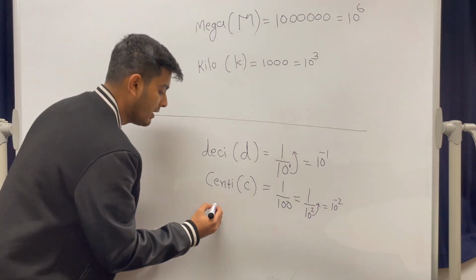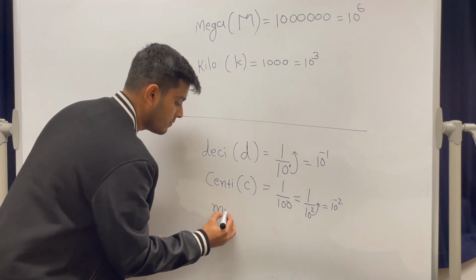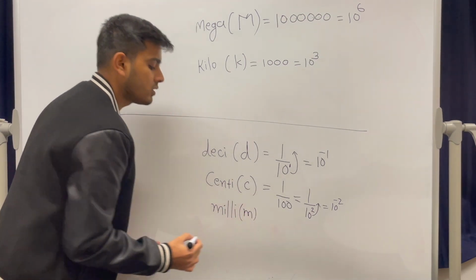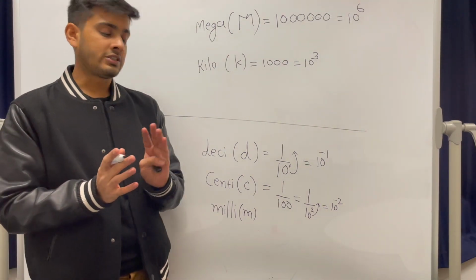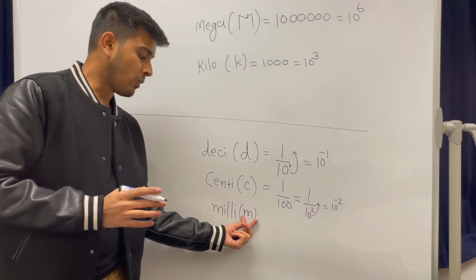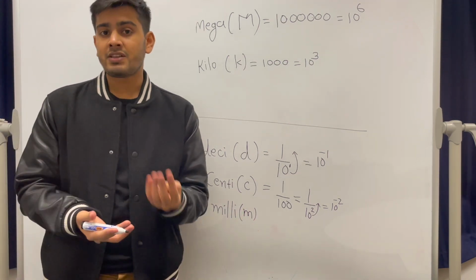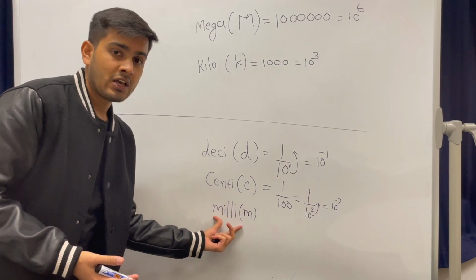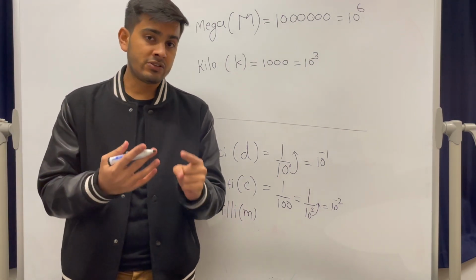Likewise, we have millimeter. So we use the prefix milli. Milli is small m. Now here you have to understand, milli has the symbol small m. Even meter has the symbol small m, but this one is our prefix and the meter is our base unit.